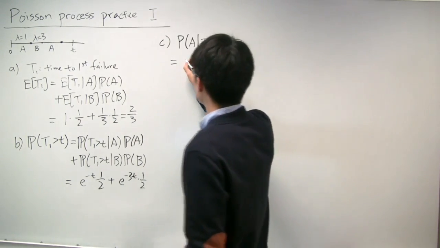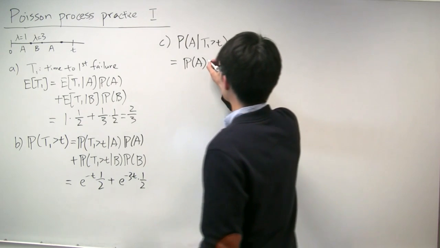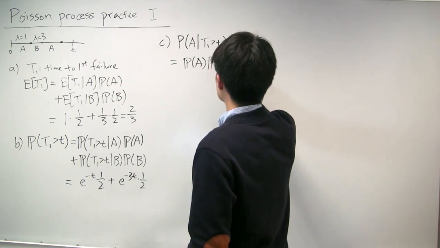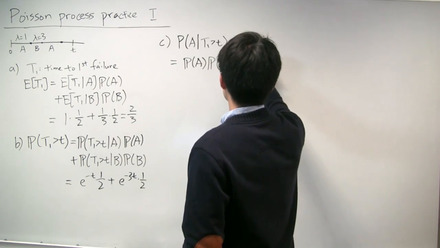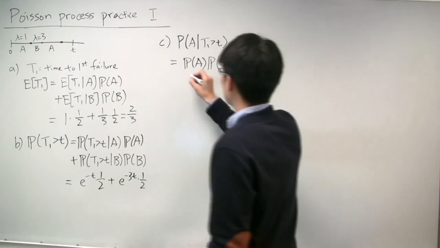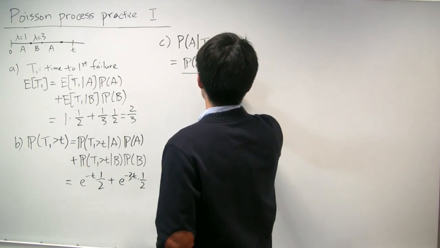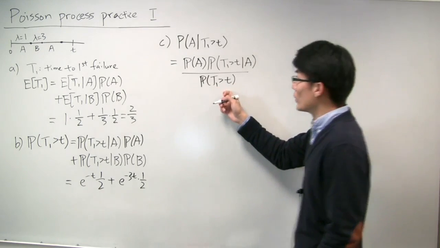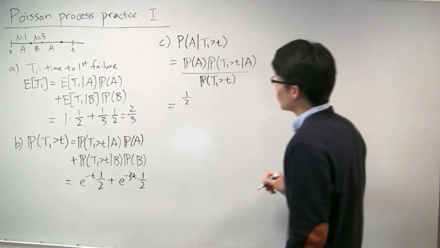And so this is now going to be an application of Bayes' rule, which tells us that this is equal to the probability that it's a type A bulb times the probability that it lasted more than t, given that it was a type A bulb, over the unconditional probability that it lasted more than t. Okay, so the probability that it's A is 1/2.